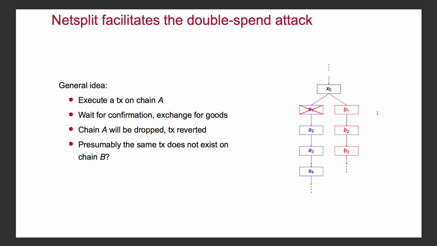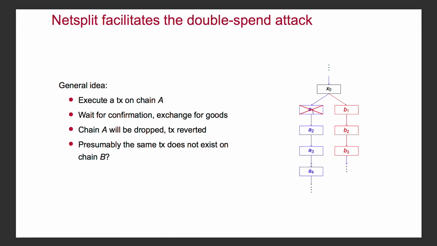Now this net split condition looks like a denial of service condition that's causing confusion, but it's important to understand that the net split condition actually facilitates the double spend attack. So what's the general idea? How would we execute a double spend attack when there is a net split?